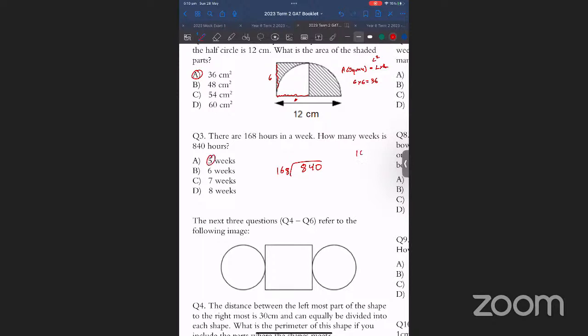Let's see what 168 times 5 is. 5 times 8 is 40, carry over the 4. 5 times 6 is 30 plus 4 is 34, carry over the 3. 5 times 1 is 5, plus 3 is 8, and you have 840. We're pretty lucky, it's exactly 840, and therefore we know that 5 weeks is equal to 840 hours.